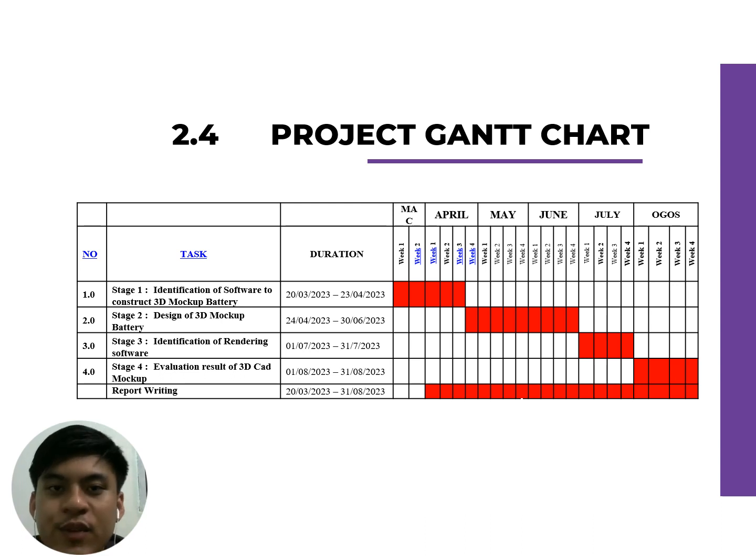Stage 3, identification of rendering software, starts at 1 July 2023 until 31 July 2023. Stage 4, evaluation of result of 3D mockup, starts at 1 August until 31 August. For report writing, it starts at 20 March until 31 August.